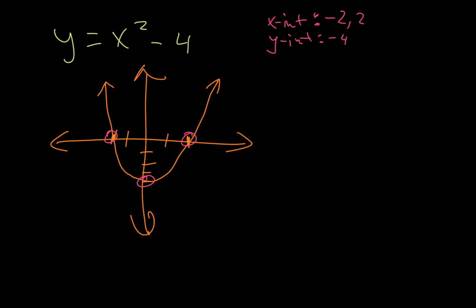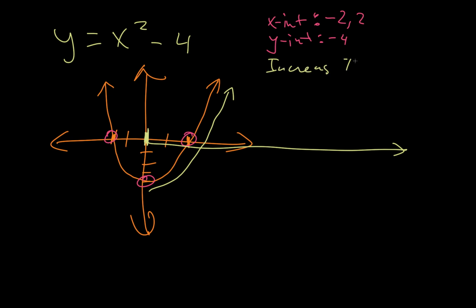And then increasing and decreasing interval. So from the vertex right here, we're going to go uphill. So our increasing interval is going to be from this x value all the way to infinity. So increasing interval is going to be from 0, because that's the x value of the vertex, all the way to infinity.